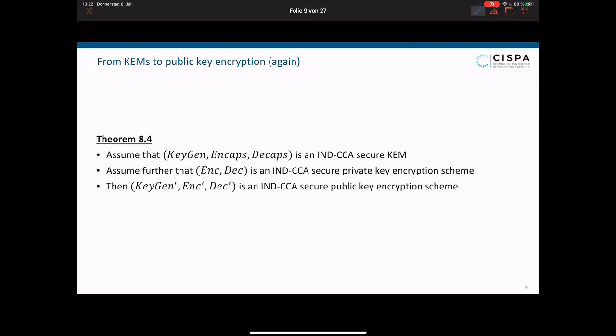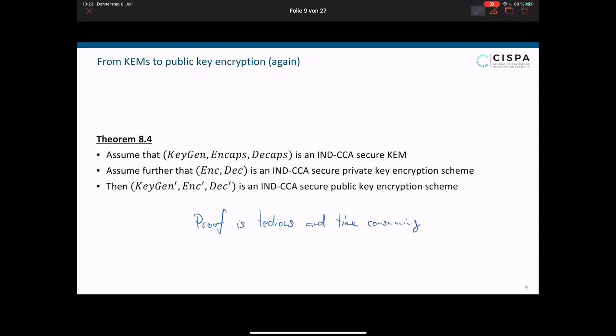So the thing is, the proof for this theorem is somewhat tedious and time consuming, right? The issue is it needs to go through quite a few cases.